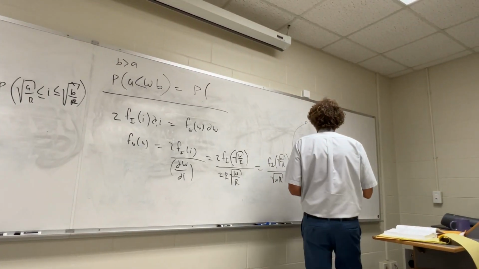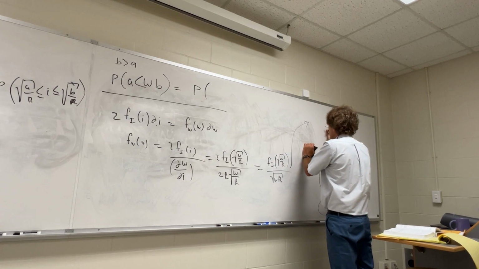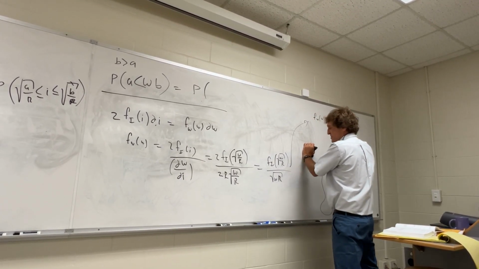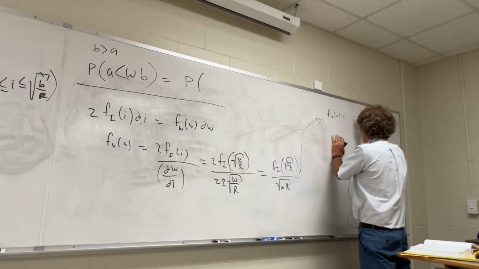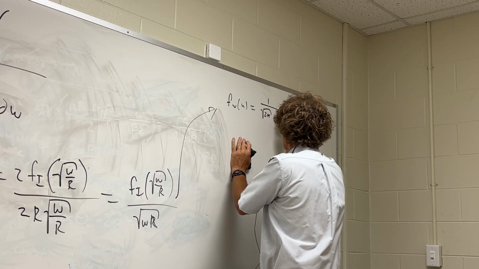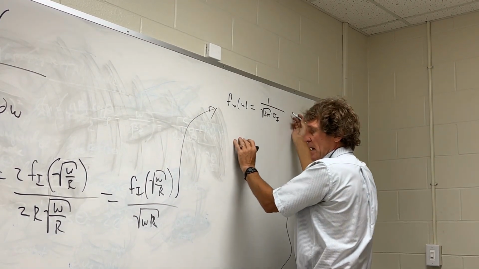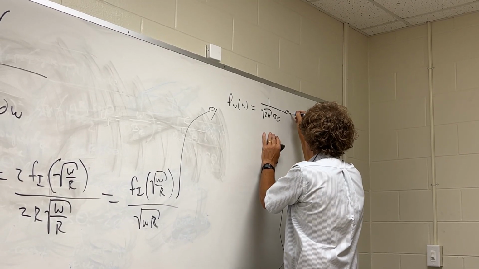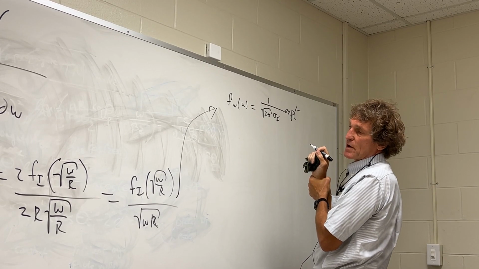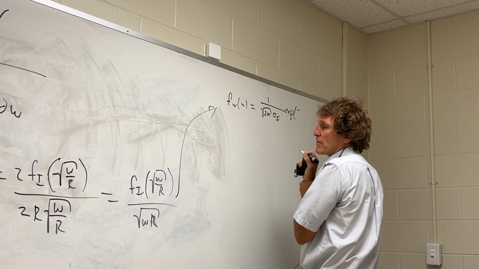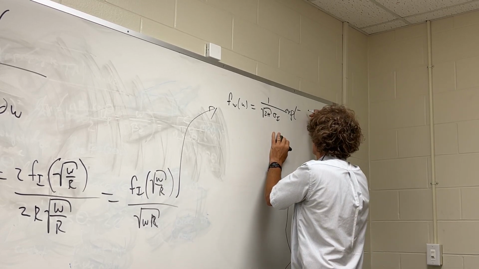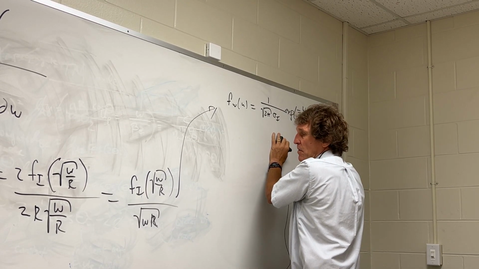So over here, what you're going to end up getting is the actual f of omega is equal to 1 over square root of 2 pi sigma I, and then it's going to be times exp to the minus, instead of I is equal to the square root of W over R, but it's squared, so it's just equal to omega over R, right?